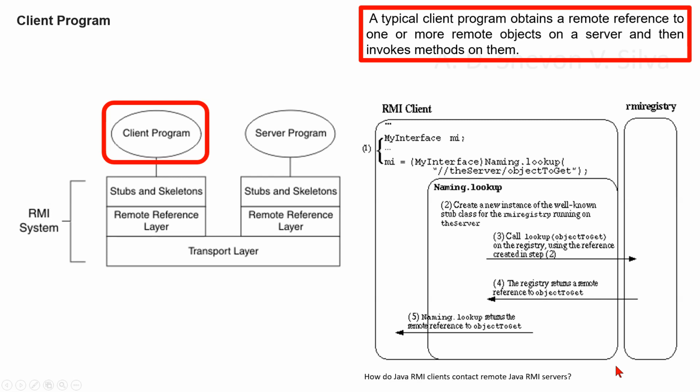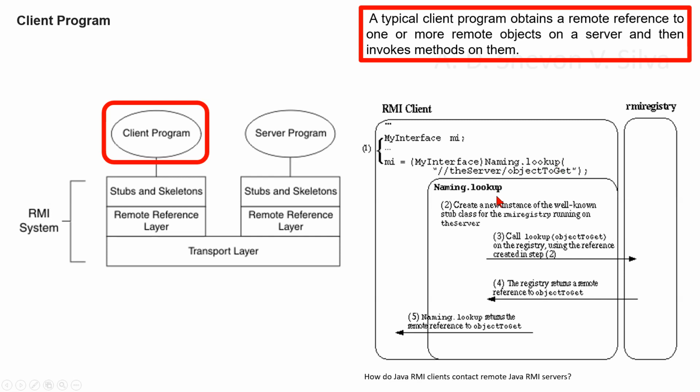The Naming.lookup method call is the most common mechanism by which clients initially obtain references to the remote servers. Remote references may be obtained by other means. For example, all remote method calls can return remote references.